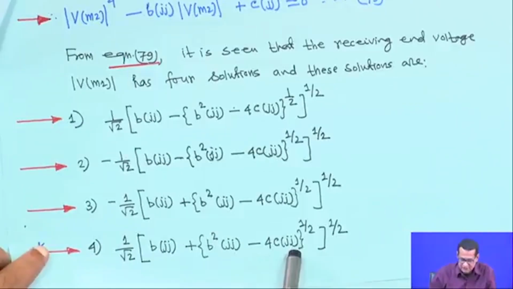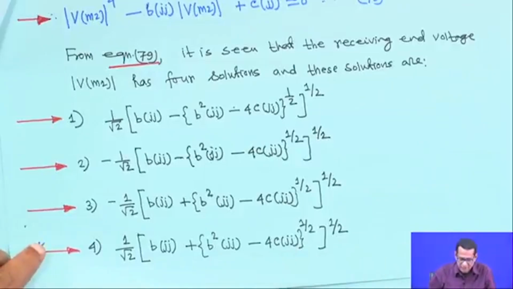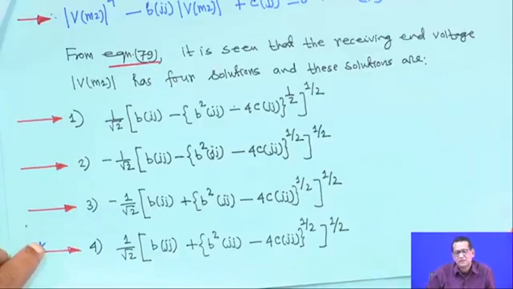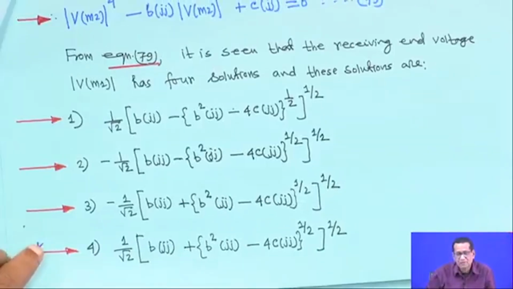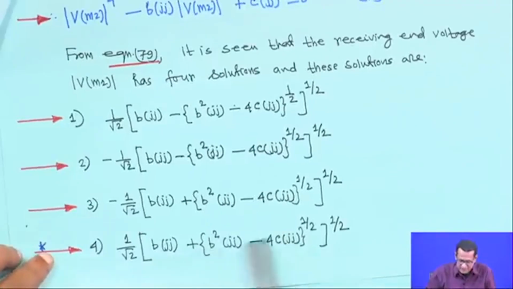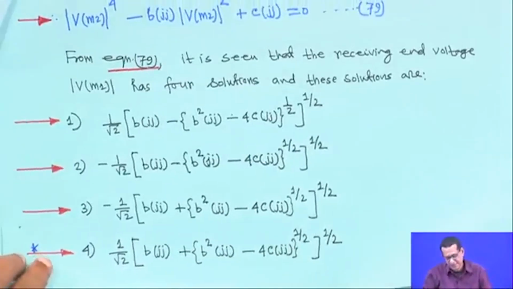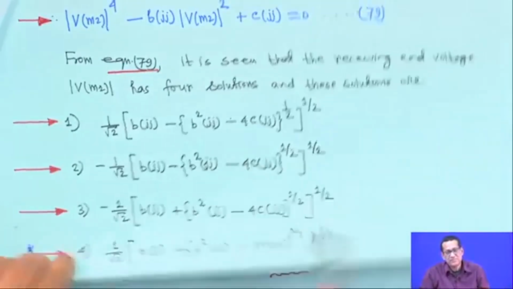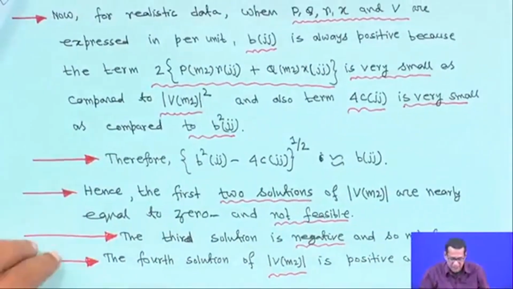That is why, when computing the two terms A_jj and D_jj, one was negative, and the other was magnitude-wise very close to it. The logic is the same here. So the fourth solution is the feasible solution.